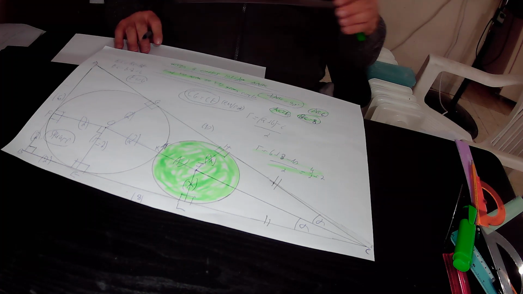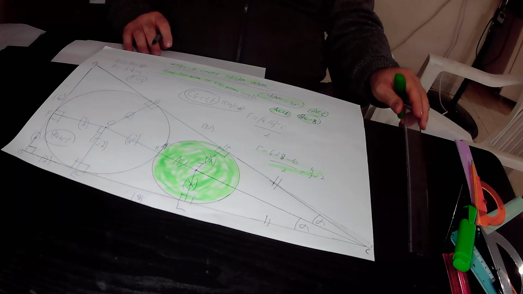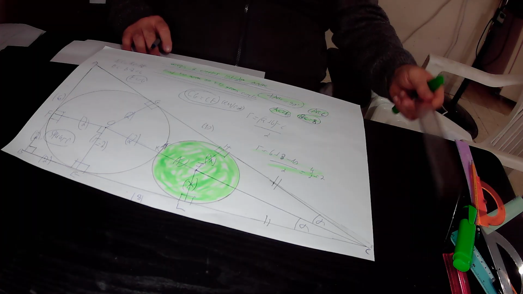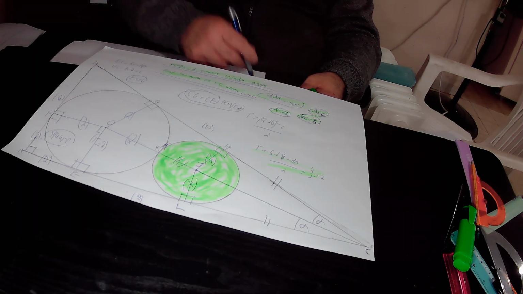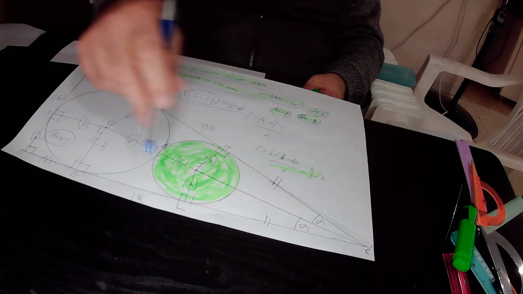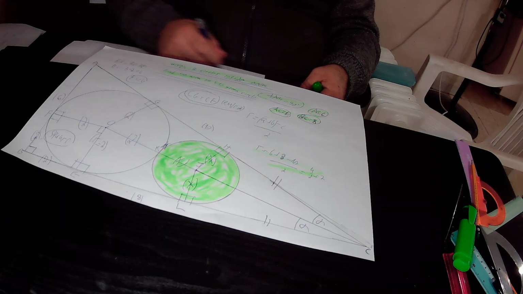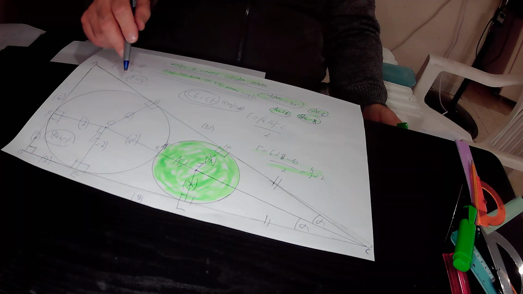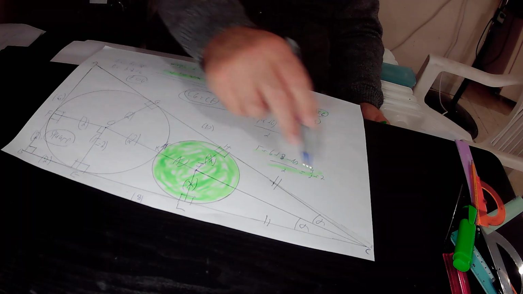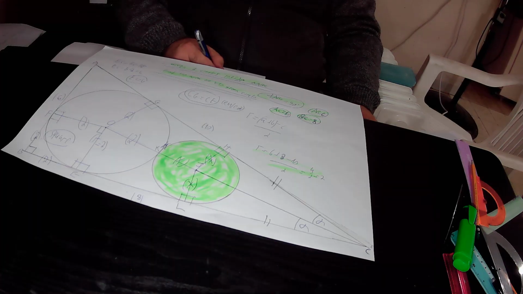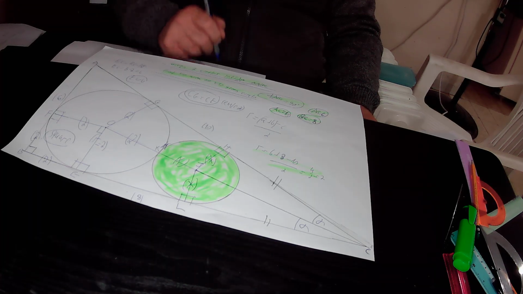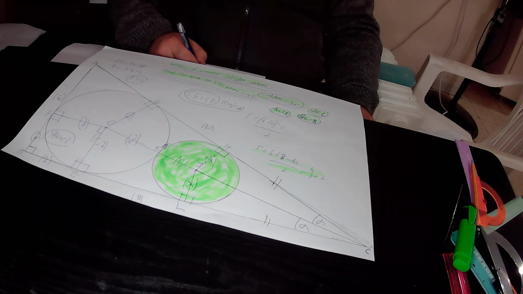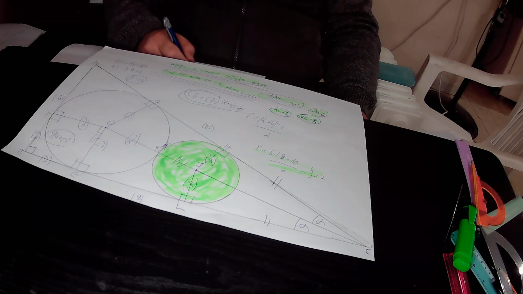According to the Pythagoras theorem, in any right triangle, the square of the hypotenuse equals the sum of the squares of the perpendiculars. In this right lower triangle OEC, the square of the hypotenuse is OC square, and it equals OE square plus EC square.